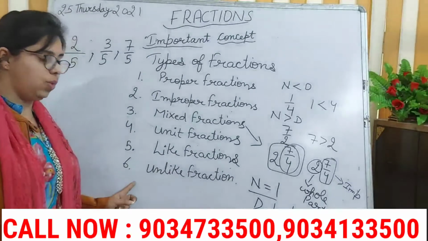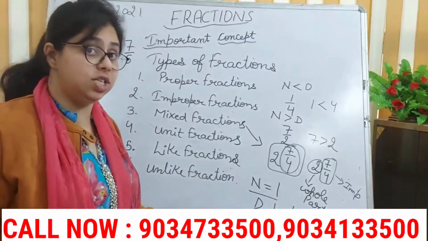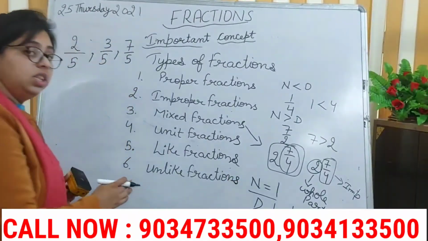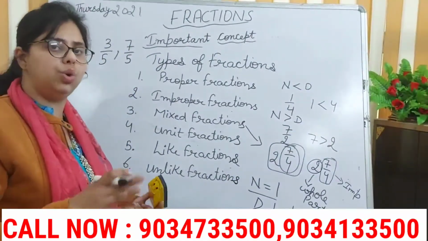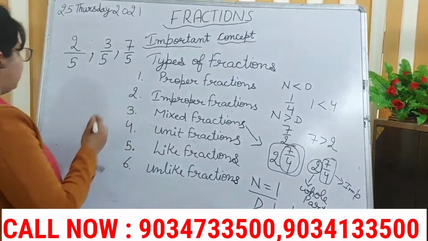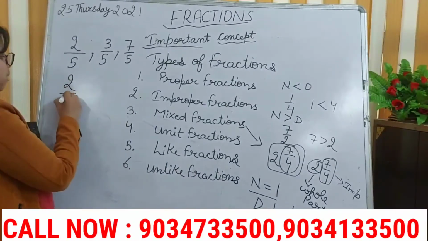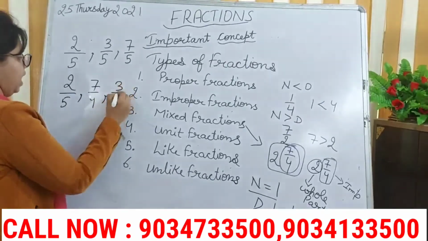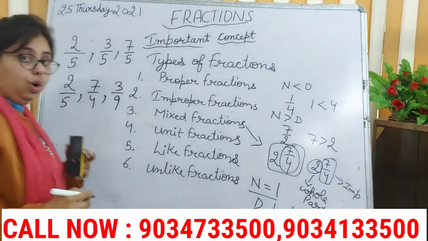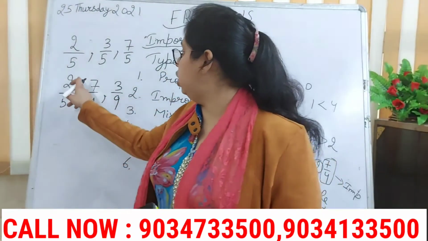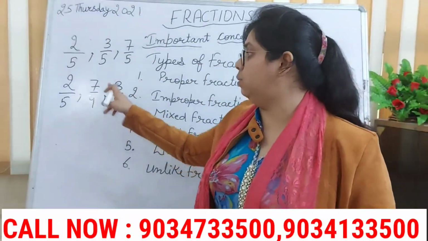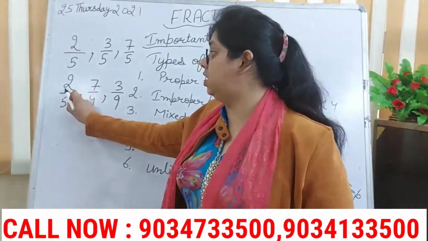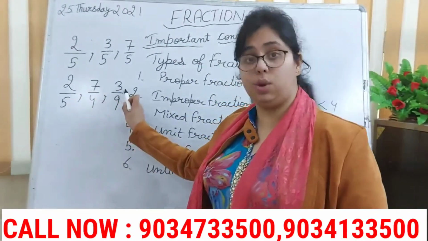Next, the last one is unlike fractions. We also compare these fractions between 2, 3, 4 or many more. I write here the example 2 by 5, 7 by 4, 3 by 9. What you see here is that the numerators and denominators are different in all the fractions. Numerators are 2, 7, 3.